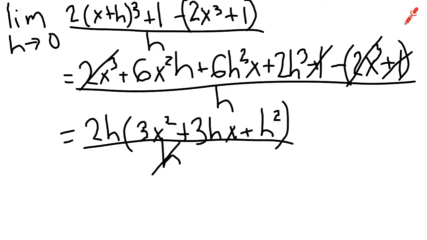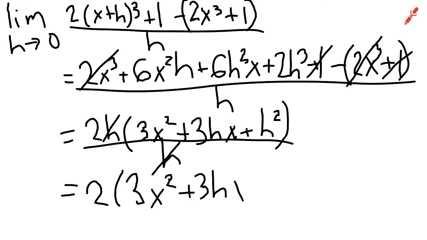We cancel out the h, and then our result will be 2 times 3x squared plus 3hx plus h squared.